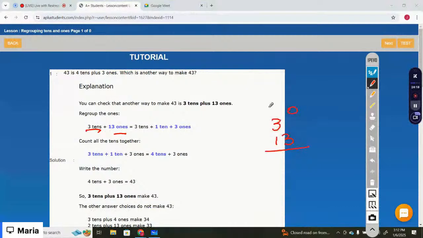When you add, they make 43. Got it? So 3 tens and 13 ones makes 43. Let's just start with the test questions.